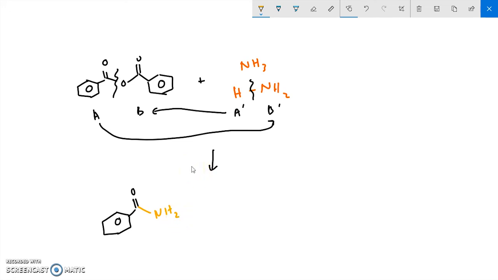The side product will be H, from the A prime, connected to the B side, which comprises the O, C double bond O, and finally the benzene attached to it. In this example, as you can see, we produce an amide, which is benzamide. And of course, this one is a carboxylic acid, which is benzoic acid.